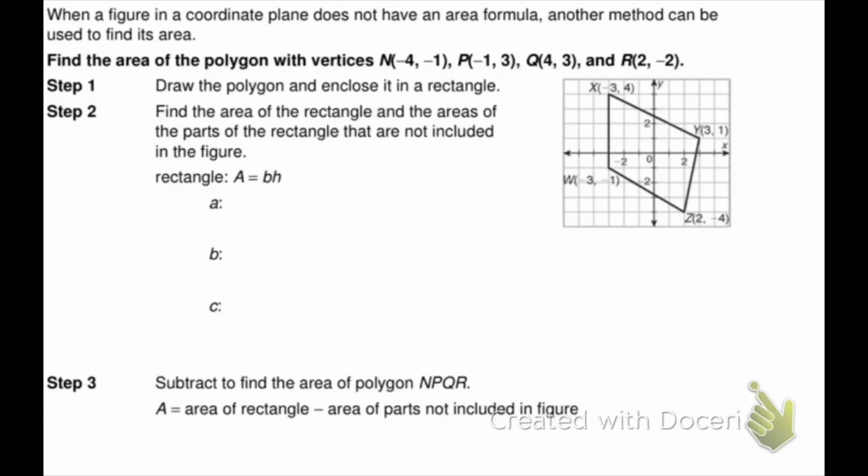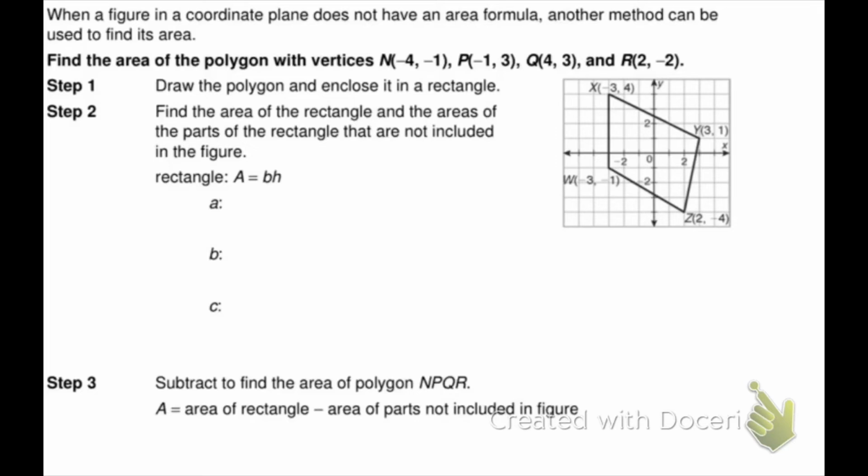So this one's pretty interesting because I have this shape that I want to calculate the area of. It's really hard to do if I just try and figure out a way to calculate it directly. So this is actually going to be an indirect area calculation.